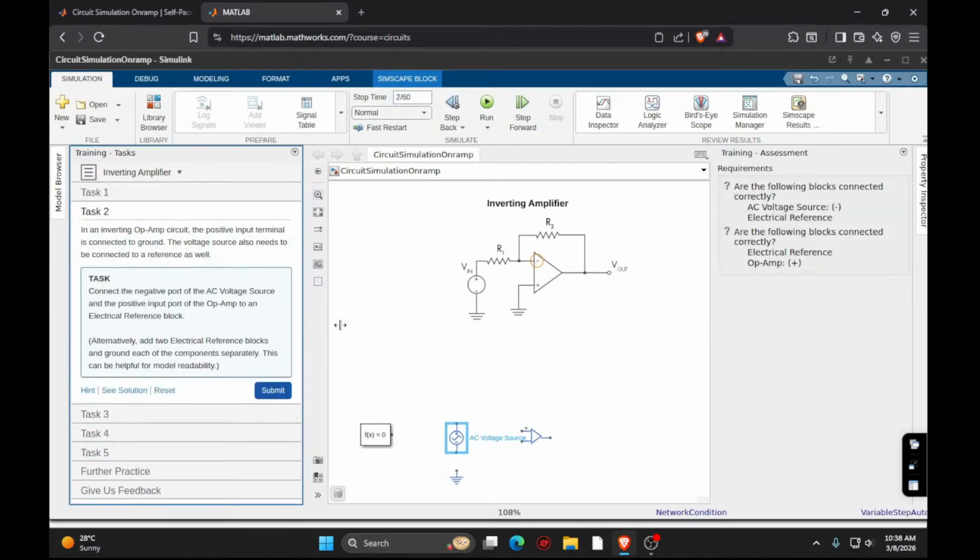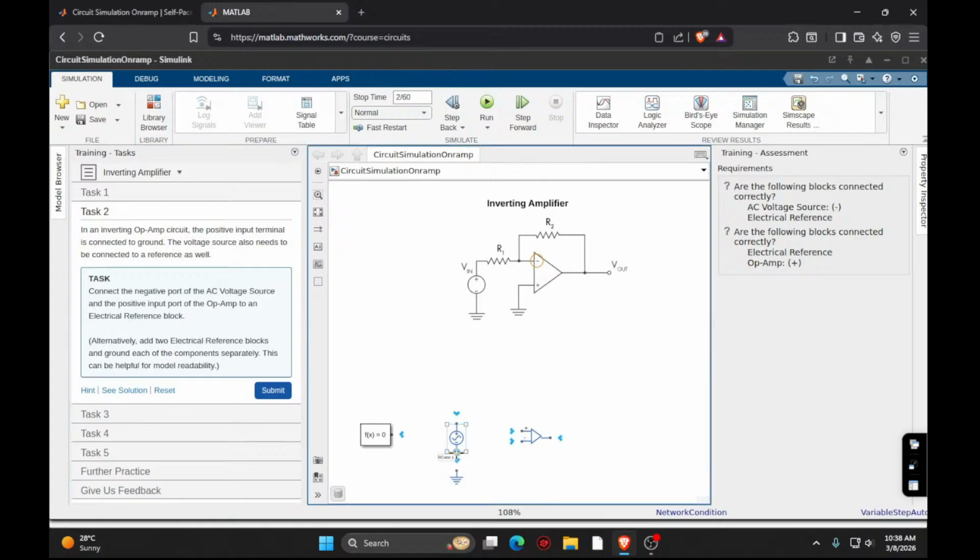Connect the negative port of the AC voltage source and the positive input port of the op-amp to an electrical reference. Okay, so how can I rotate this?